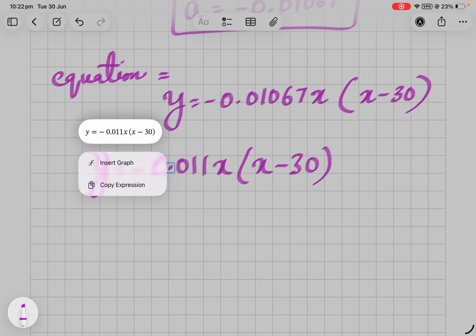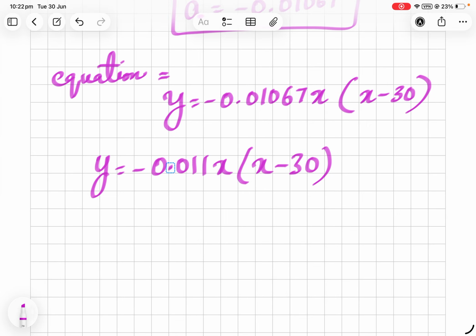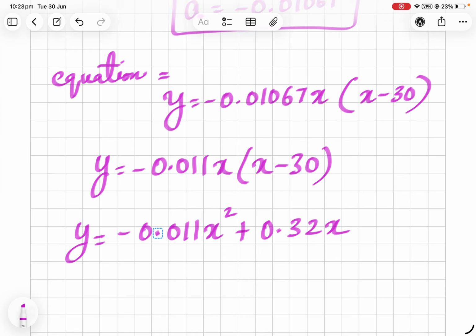Now, expanding this equation, you can also write this as y equals negative 0.011x squared minus negative of a negative, actually, sorry, that's a positive, roughly 0.32x.